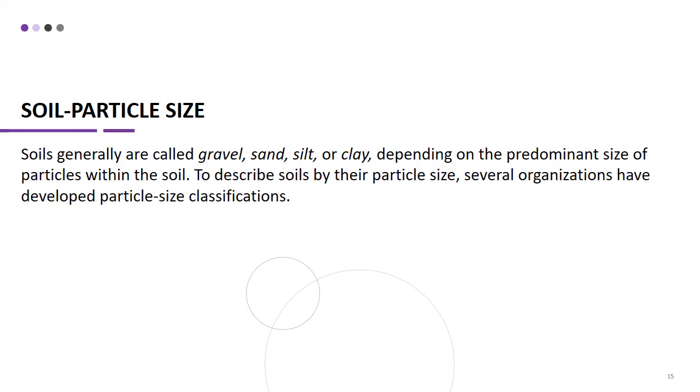So, a soil can be called gravel if its predominant size is of the size of a gravel. A soil can be called sand if its predominant size is that of a sand. A soil can also be called a silt or clay depending on the dominant size of the particles within the soil.